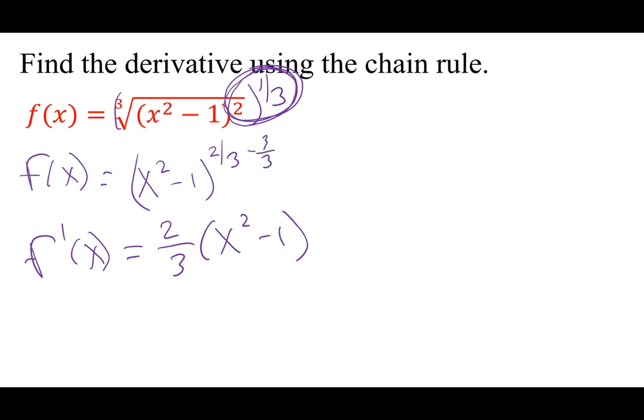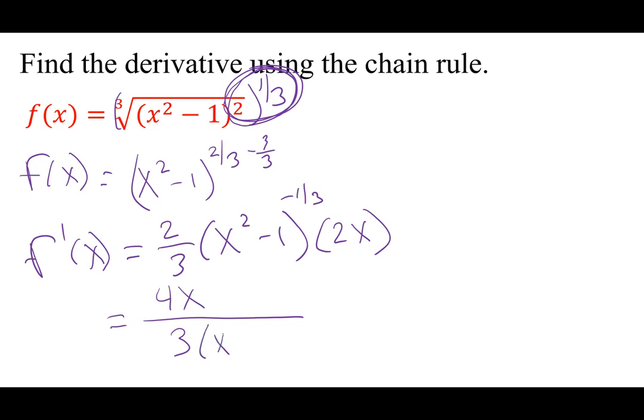That would then give us the -1/3 power times the derivative of the inside, which would be 2x. So in my final answer, I have a 2 up top and a 3 down low. So the 3 is going to go to the bottom. I'm going to multiply 2 times 2x to get 4x. Then I'm going to bring the x squared minus 1 to the bottom, which would make it the positive 1/3.